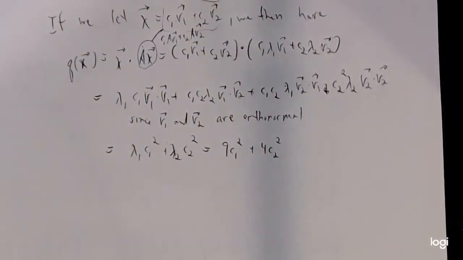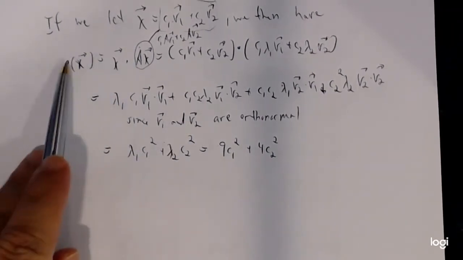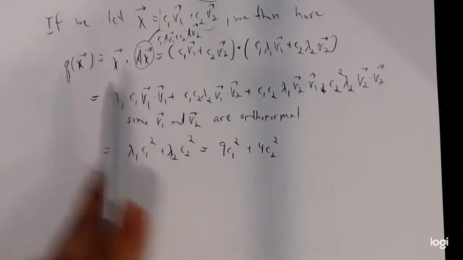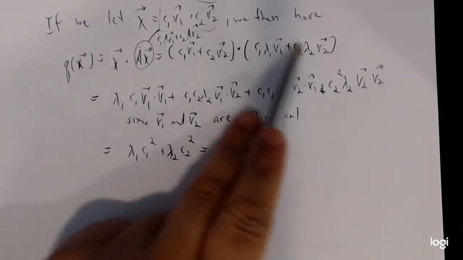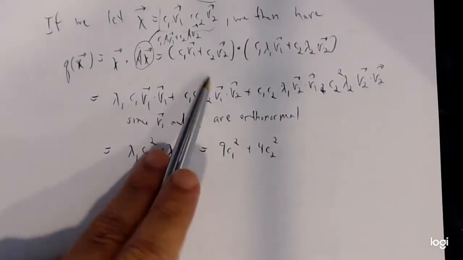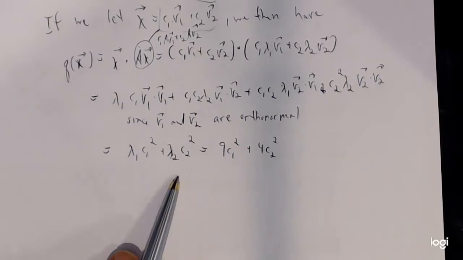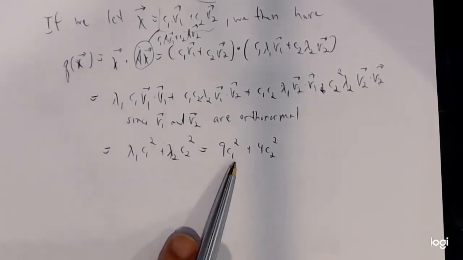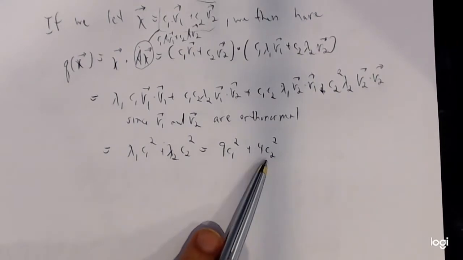So this is what we're saying here. And we did a lot of work here, so let's not lose sight of this. Using the idea that A was symmetric, we were able to find our eigenvectors, and we made them orthonormal. We found an orthonormal eigenbasis. And using that, we're able to write Q in terms of just c sub 1 and c sub 2.